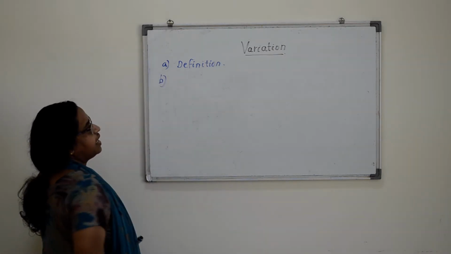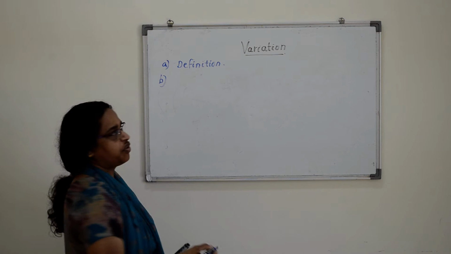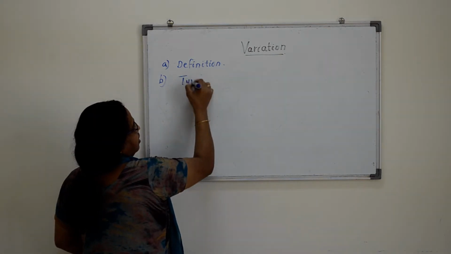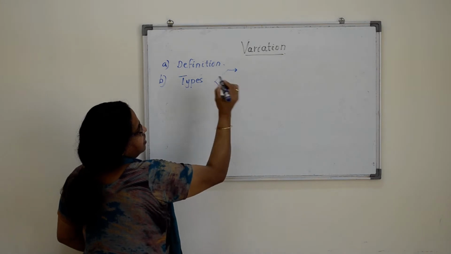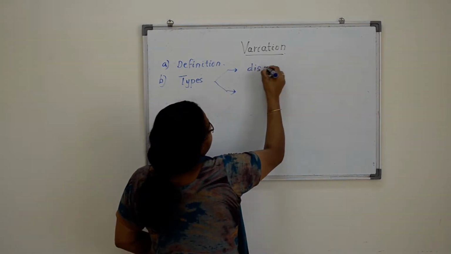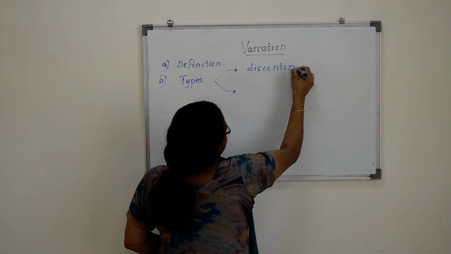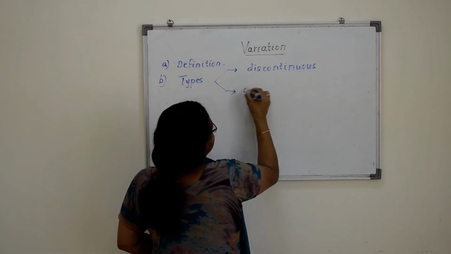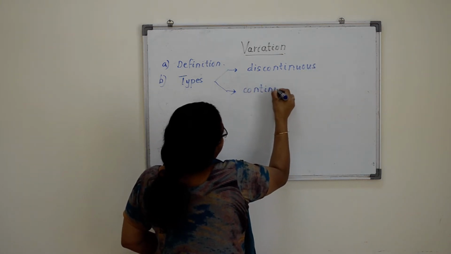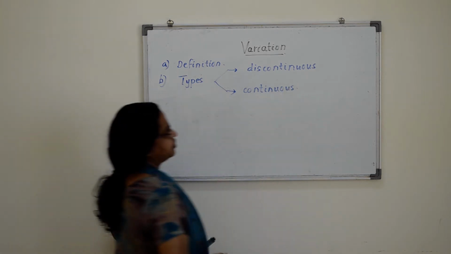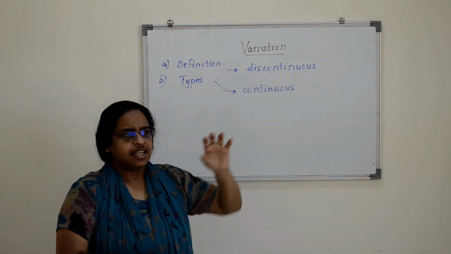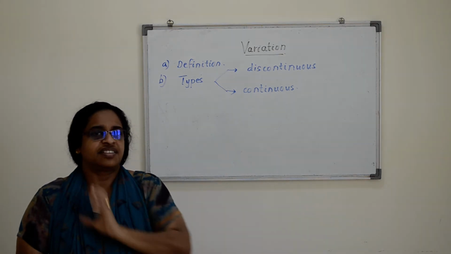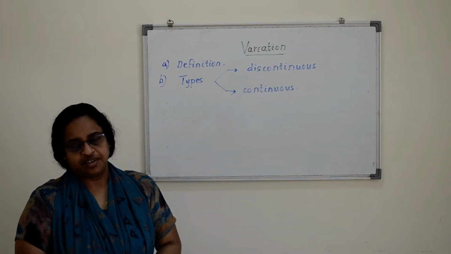Then there are two types of variation. First is discontinuous and another is continuous. Discontinuous variation means only a number of differences you can see in that character.